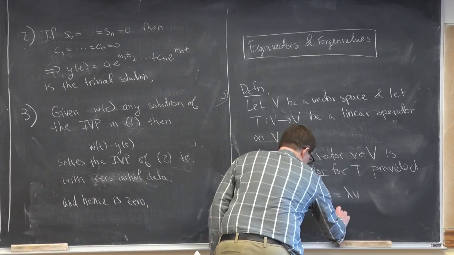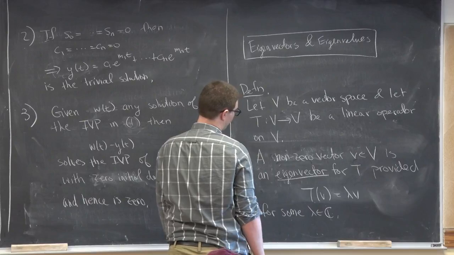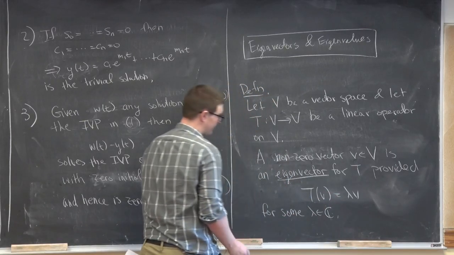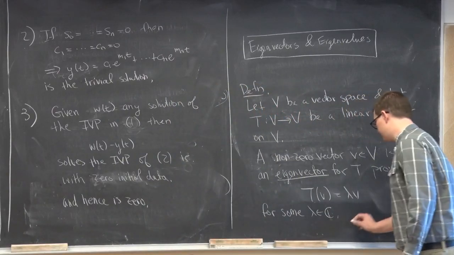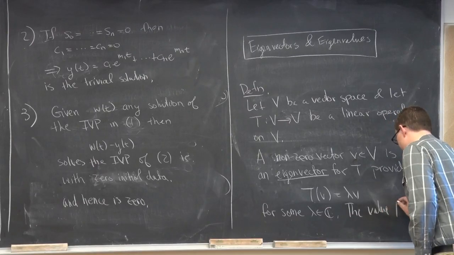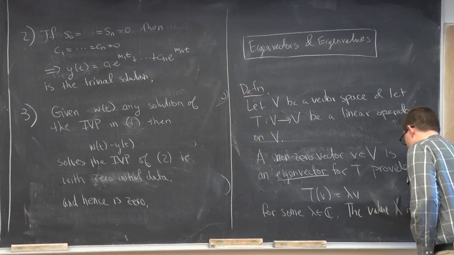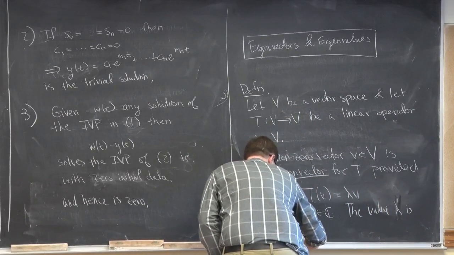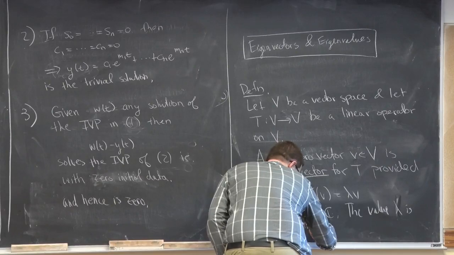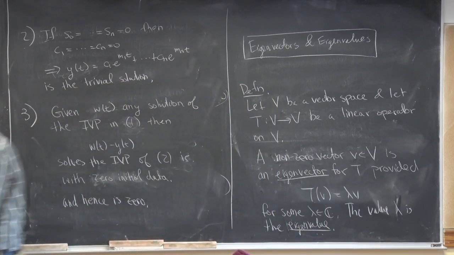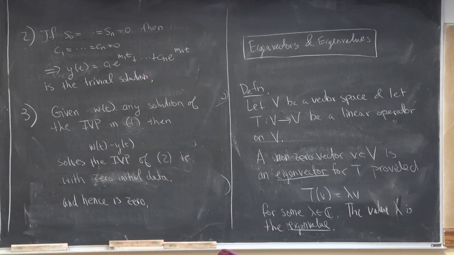Let's say it's a complex vector space, so for some scalar here. Okay, so all it does is it translates this. And so the value lambda is called the eigenvalue.